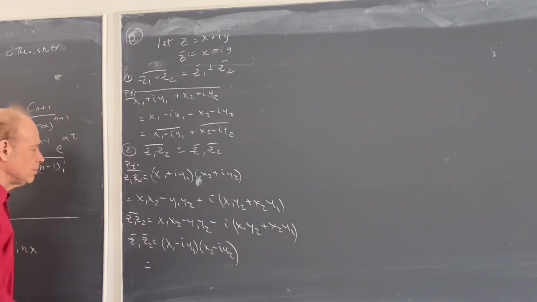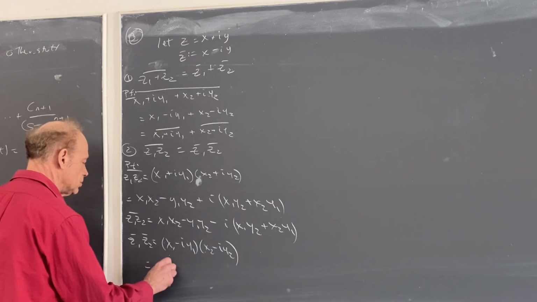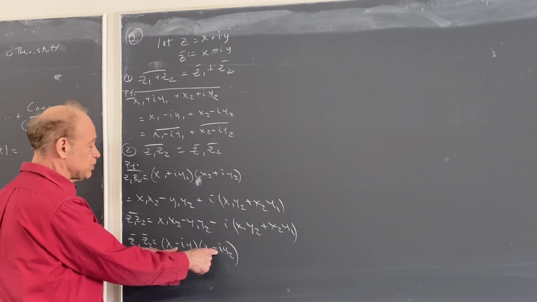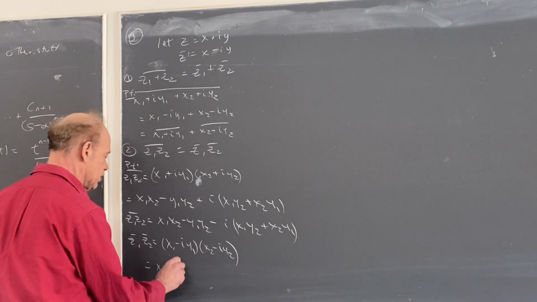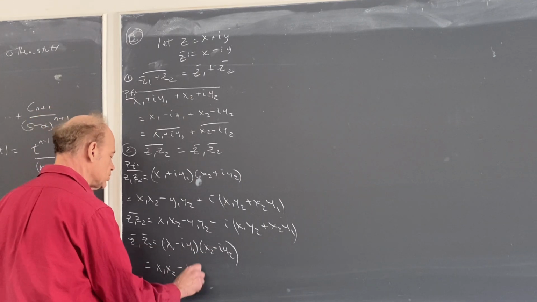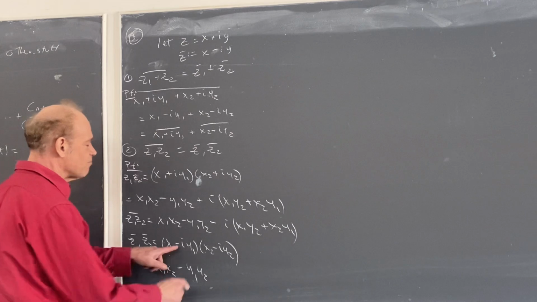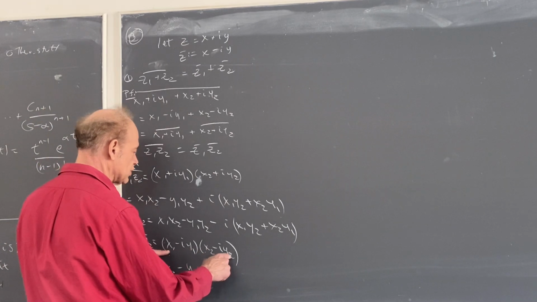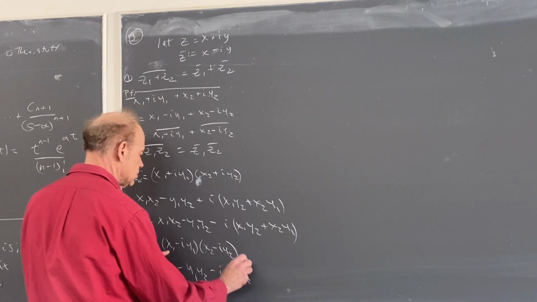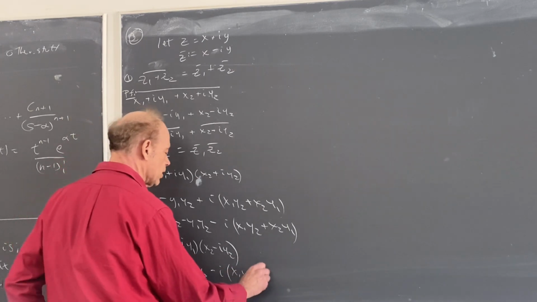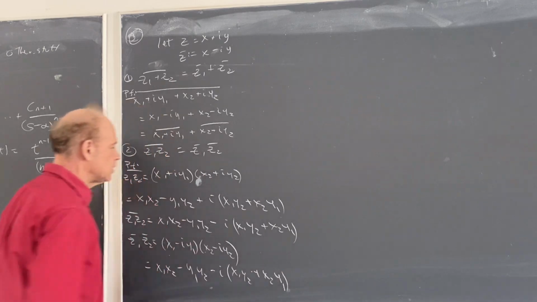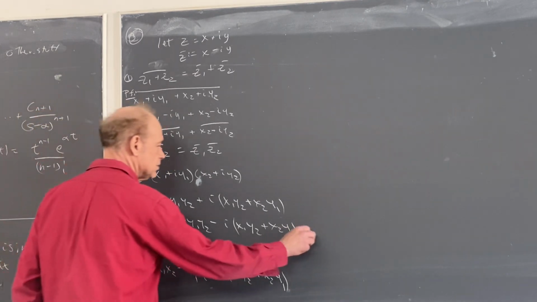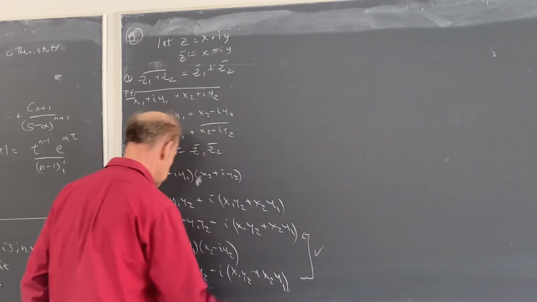Well, that's equal to x1 x2 minus i squared, minus 1 squared is plus 1, i squared is minus 1, times y1 y2. And now I have minus i times x1 y2 plus x2 y1. Well, lo and behold, this is exactly the same as this. So that's the proof.